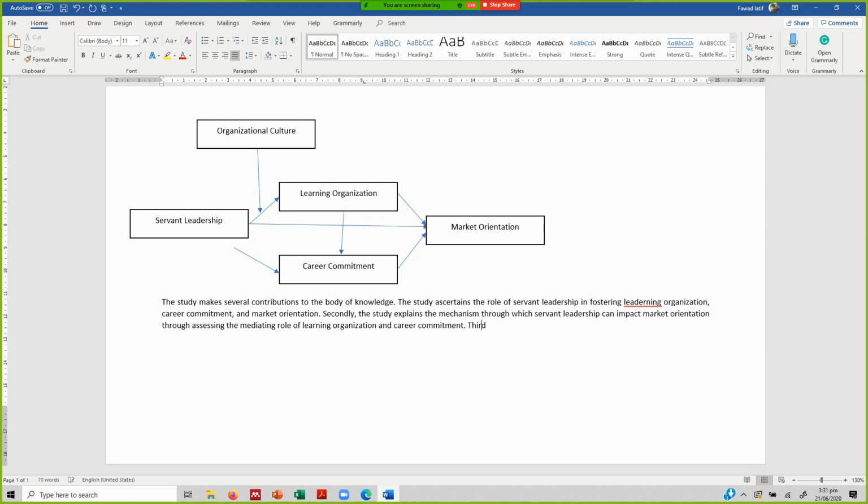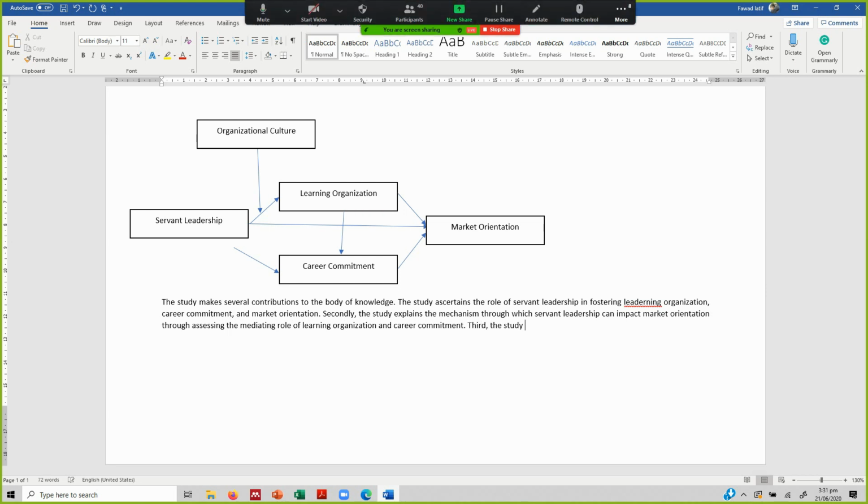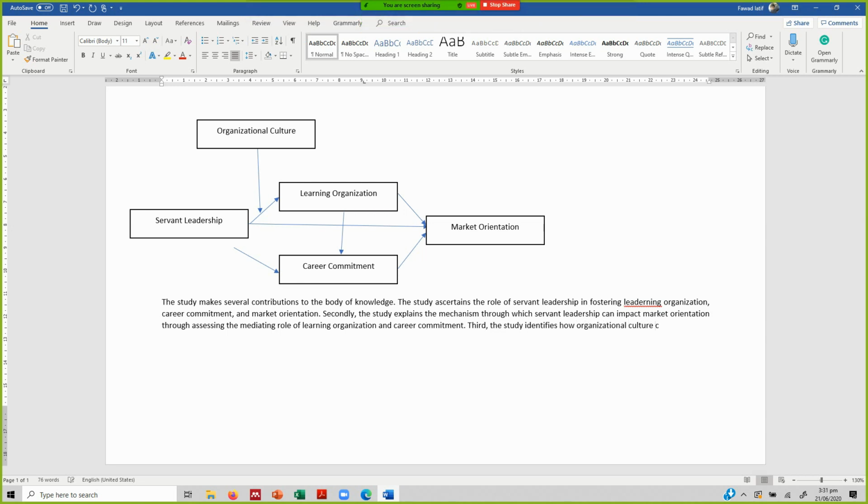Third, the study identifies how organizational culture can modify the impact of servant leadership on learning organization.